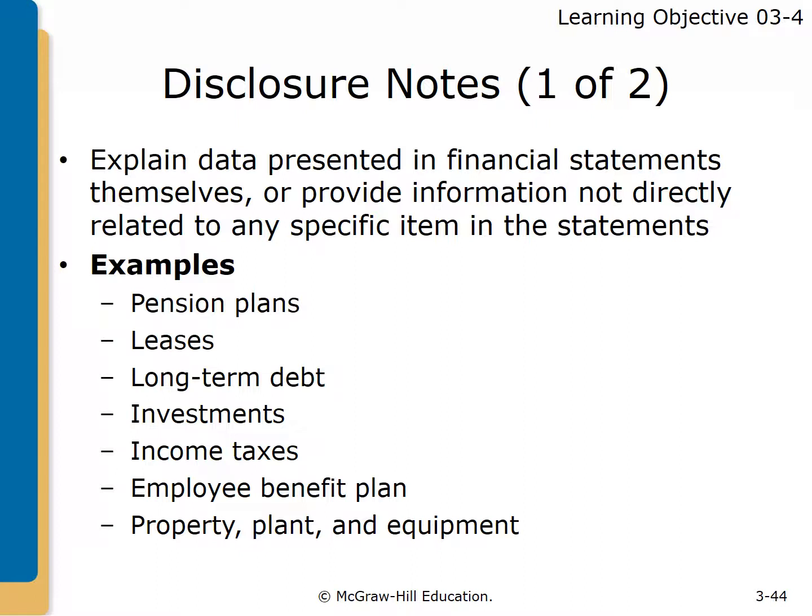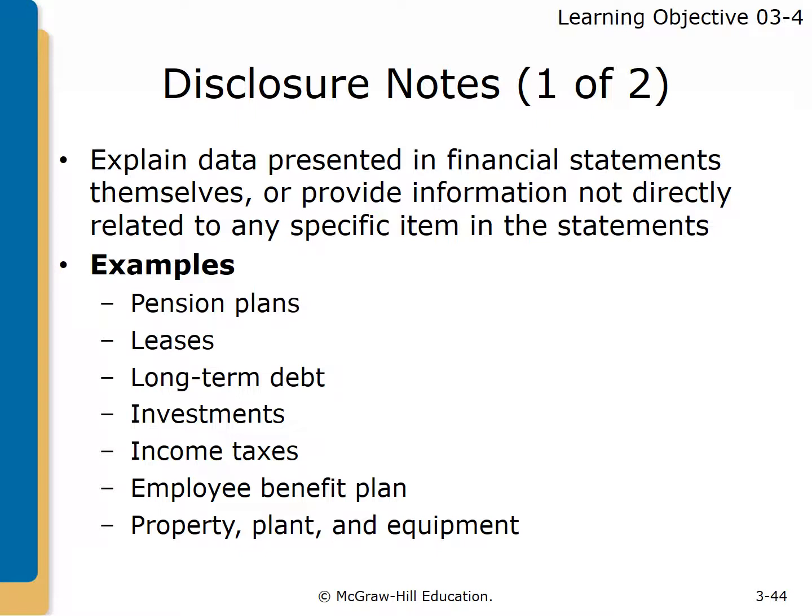So here are some common disclosures. They explain data presented in the financial statements themselves or provide information not directly related to any specific item. So you want to talk about your pension plans, leases. Now those 2 items you won't learn about until you're in Intermediate 3. But for long-term debt, we're required to give a lot of information about our loans and bonds, things like how much we owe, interest rates, collateral, and a 5-year repayment plan.